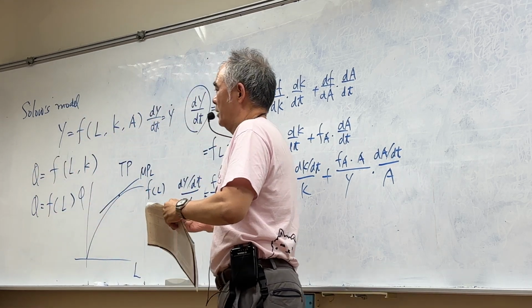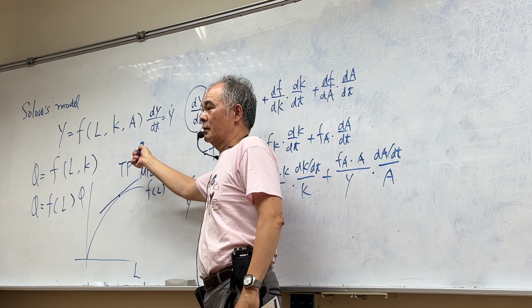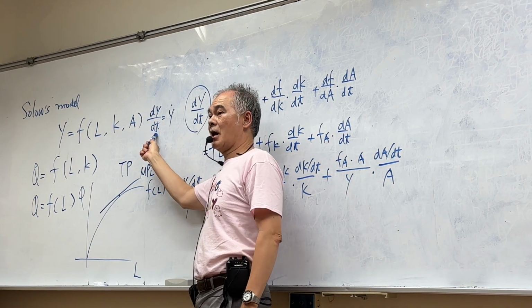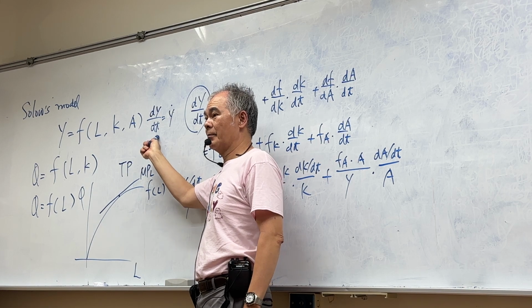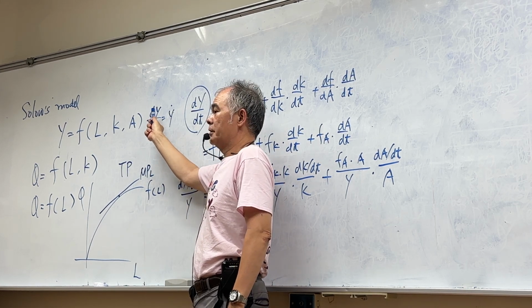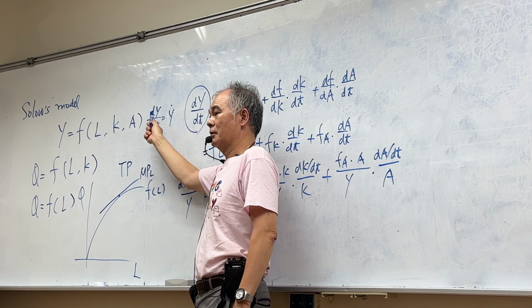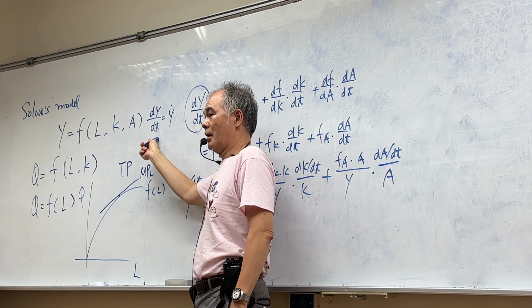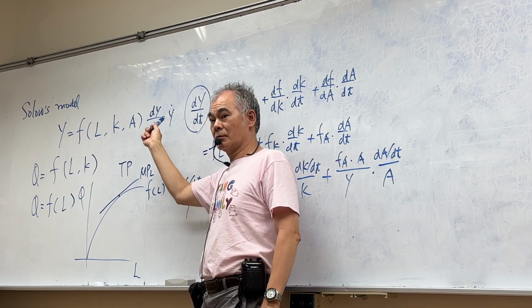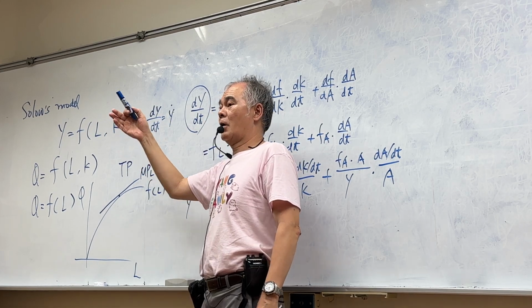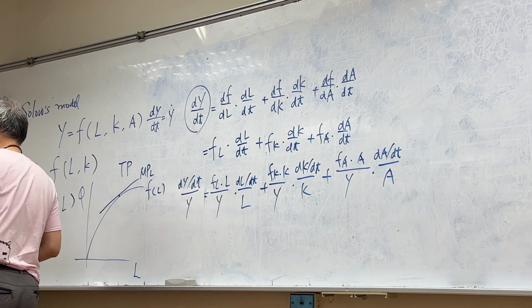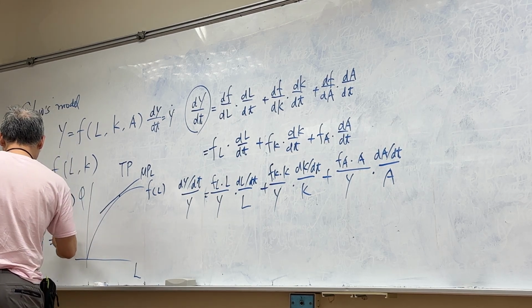So what is this? This is income, right? Production level. And this is time. T is time. So as time goes by, there will be changes in production. So what is this? This is economic growth. G, right? G is growth. So what is that?